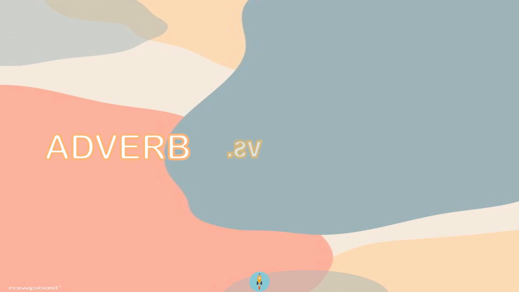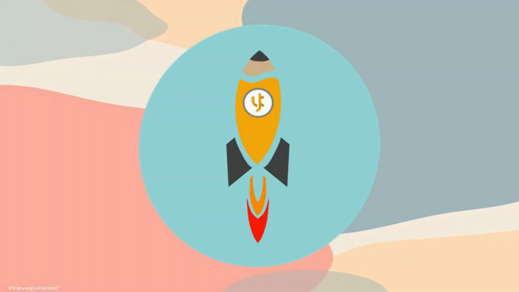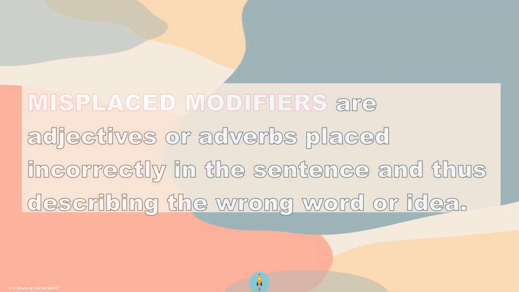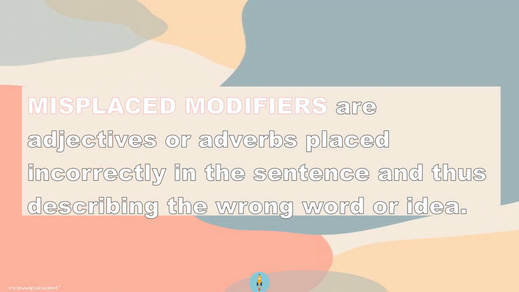In positioning adverbs and adjectives, to avoid confusion, place the adjective and adverb, verb, phrase, or clause next to or near the word the adjective or adverb describes or modifies. Misplaced modifiers are adjectives or adverbs placed incorrectly in the sentence and thus describe the wrong idea.